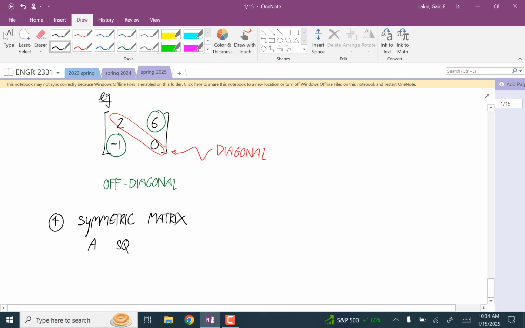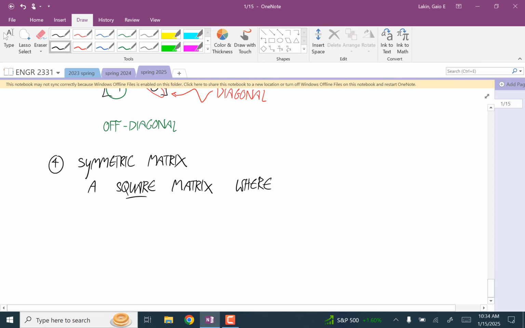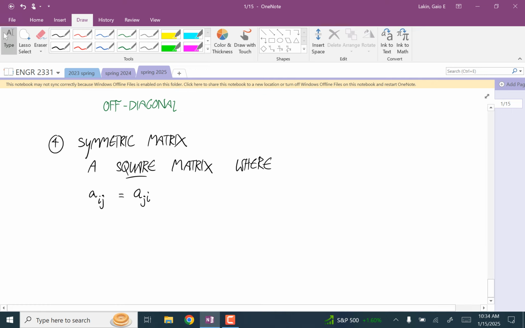So this is a square matrix where every Aij is equal to Aji. Another way of saying that, in other words, i.e., the matrix A is equal to its transpose.